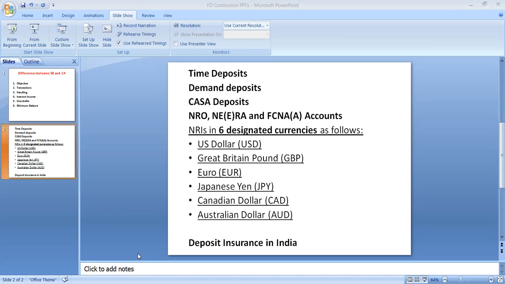Number 1 is fixed deposit. In case of fixed deposit, a fixed rate of interest is paid at fixed and regular intervals. This is about number 1, fixed deposit.